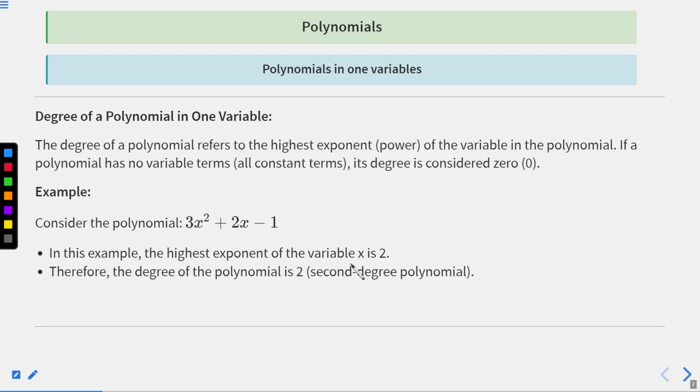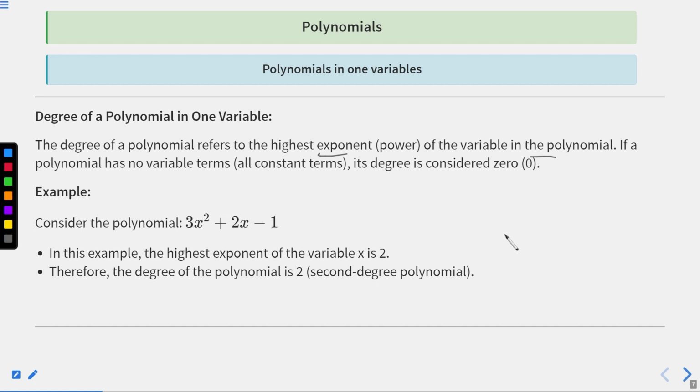The degree of a polynomial refers to the highest exponent or power of the variable in the polynomial. If a polynomial has no variable terms, only constant terms, its degree is considered 0. When the terms of a polynomial are always constants, the degree of that polynomial is considered 0.